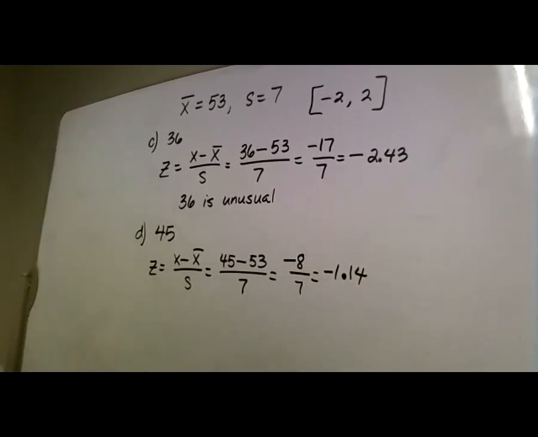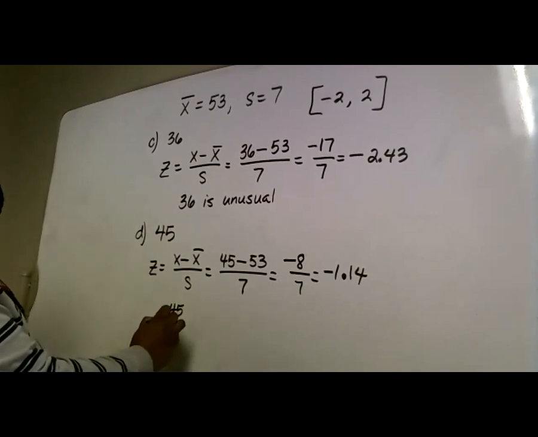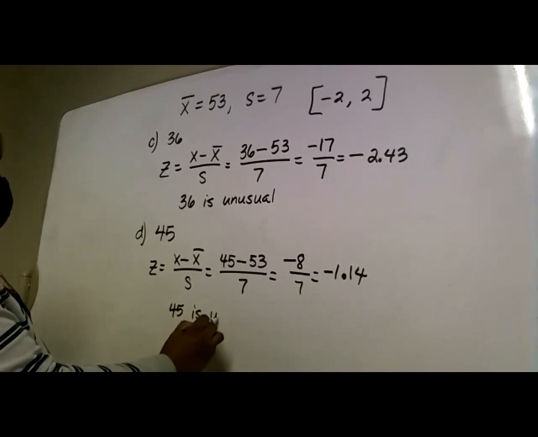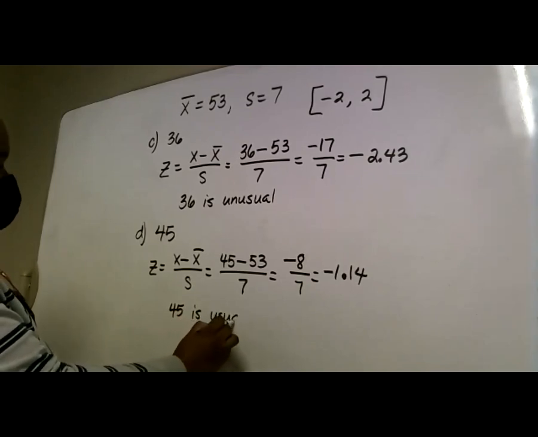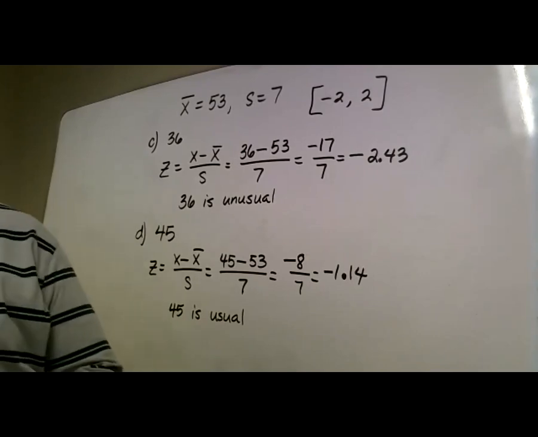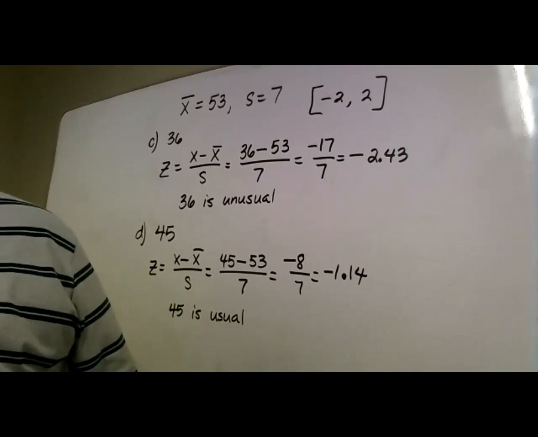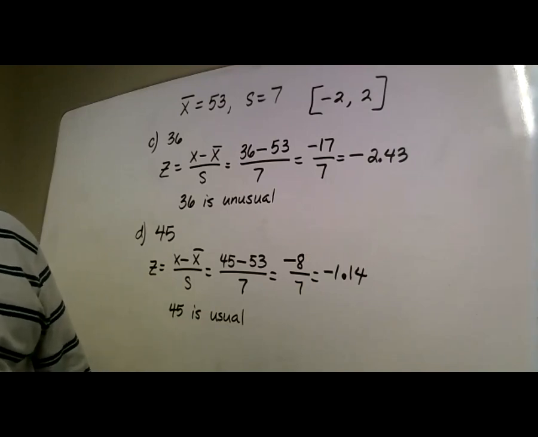Now, does negative 1.14 fall between negative 2 and 2? Yes, it does. So that's a usual range, and 45 is considered a usual value. All right, any questions about finding usual values?